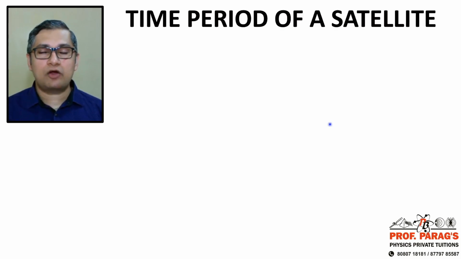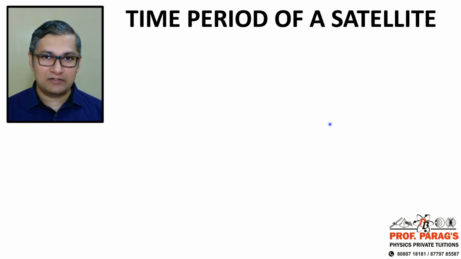All right, the next topic we are discussing today is the time period of a satellite. Why is this important? If you have seen the movie, you must remember that the astronauts there were told to set their stopwatch to 90 minutes, because they are expecting the debris to hit them again after 90 minutes.